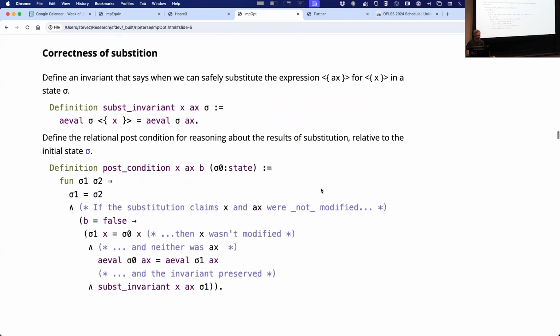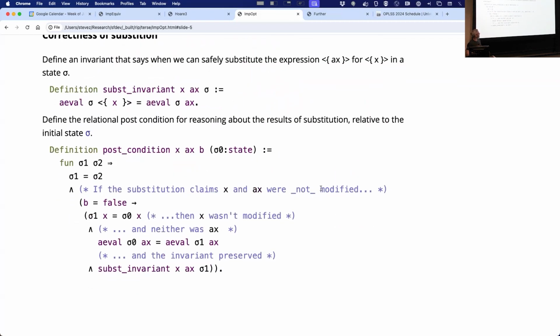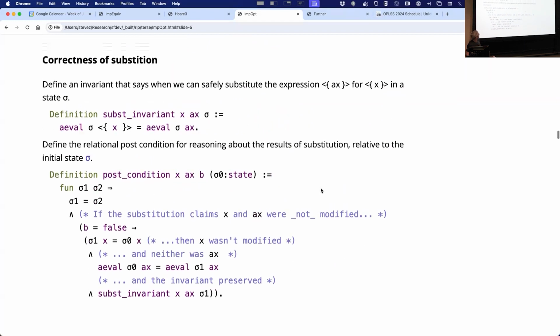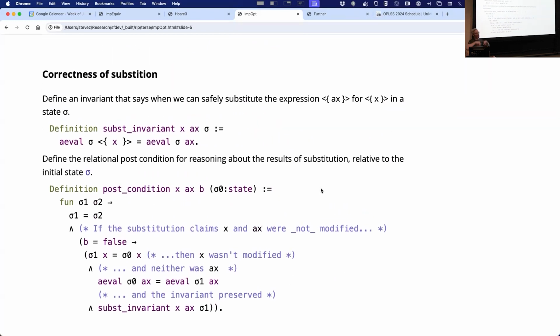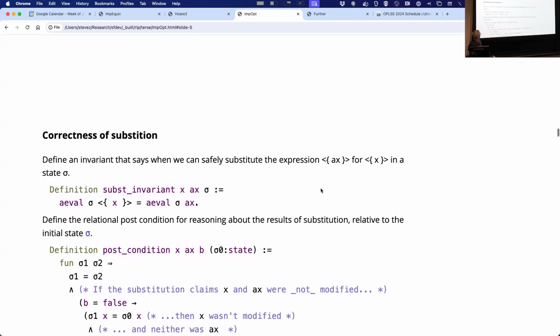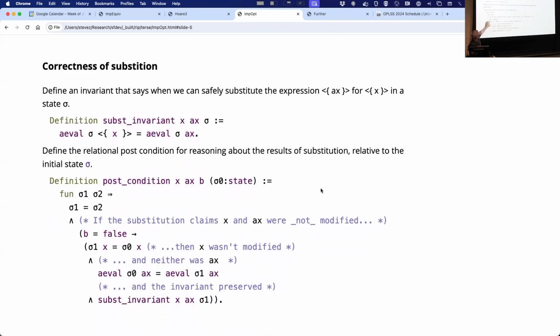So all that to say, we can prove a more complicated relation than our binary relation for swapping variables. We can prove the correctness of substitution where we give a much fancier precondition and postcondition.